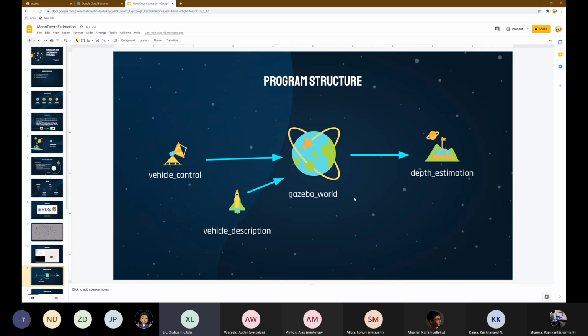There is a simulated camera on the robot, and it outputs images to another code, the depth estimation part, which does the depth detection for the task.